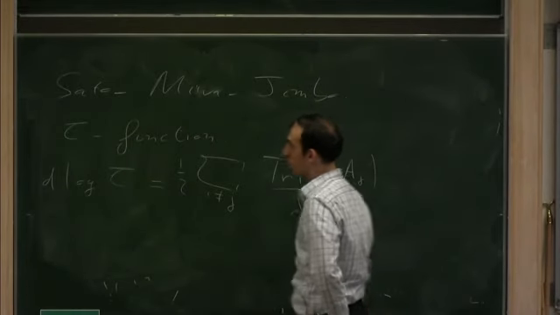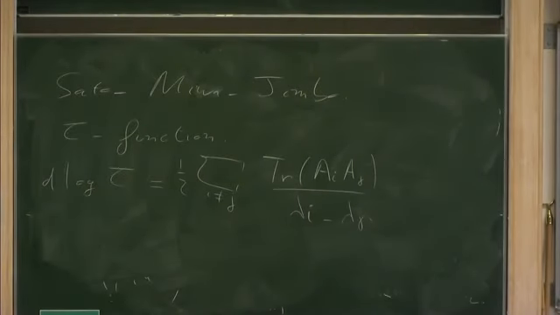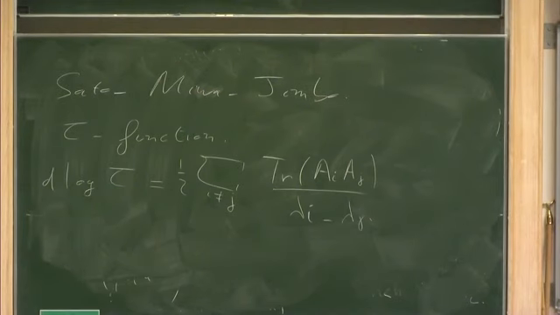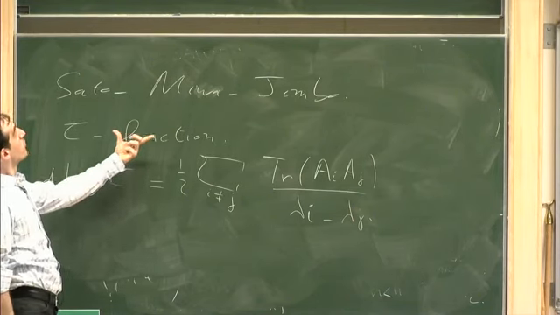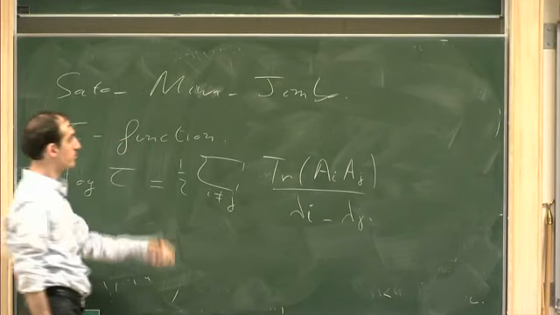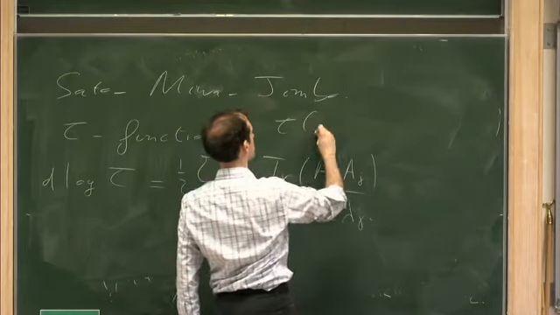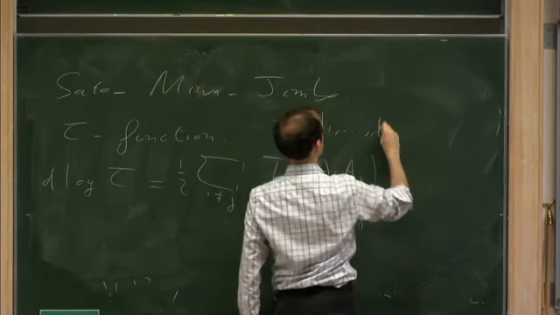You start from this isomonodromic data. You have this A satisfying the Schlesinger equations. And given this A, you construct a function which depends only on the positions of the punctures. So rho is fixed.